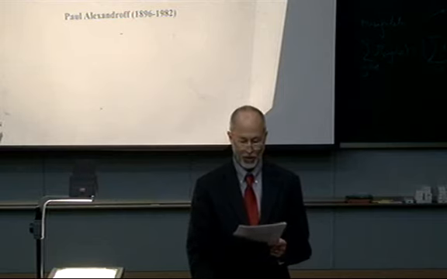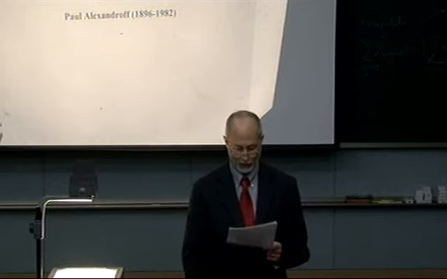1935 was also important because two important texts in topology made their appearance. In 1934, there was Seifert and Threlfall's book on topology, and then Alexandrov and Hopf's book also appeared in that year.